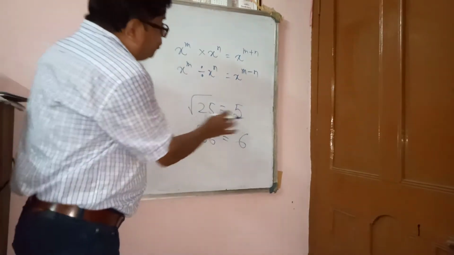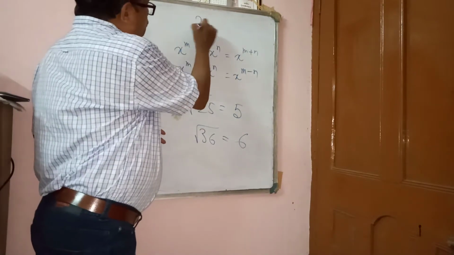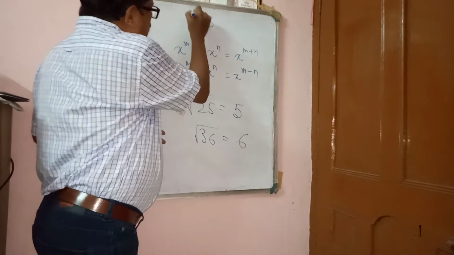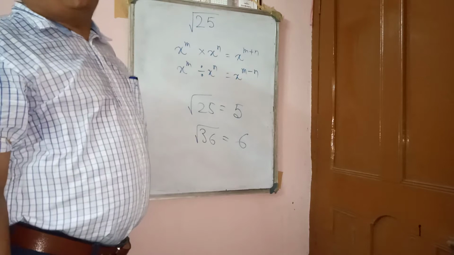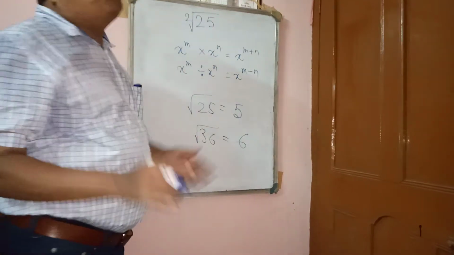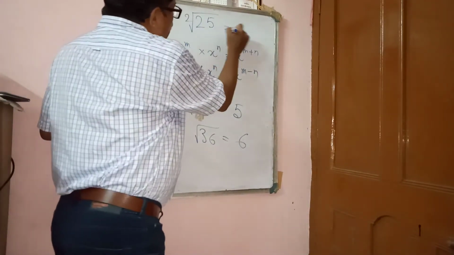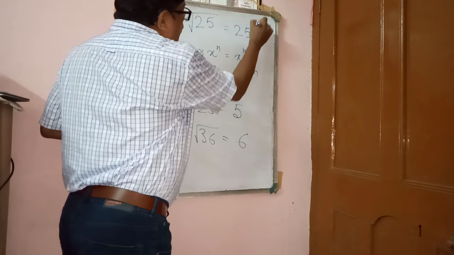So how do you get this? See, look at here. The root of 25 is the square root. Here nothing is written, which means 2 is always there, but we are not writing 2. So this should be 25 whole to the power half.